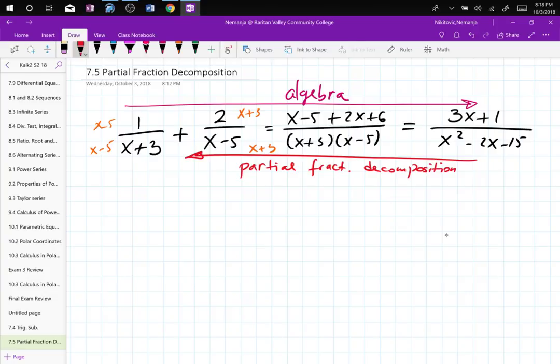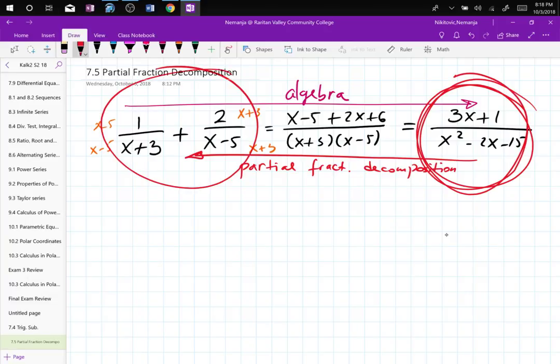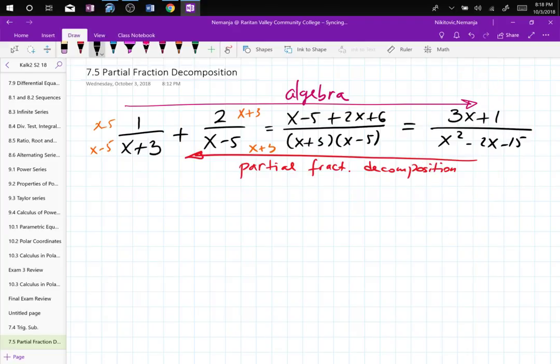All right. So clearly we did algebra to obtain the single rational function at the end. Partial fraction decomposition is going to take this and break it apart. That's the goal of partial fraction decomposition. So let's do it. 3x plus 1 over x squared minus 2x minus 15.